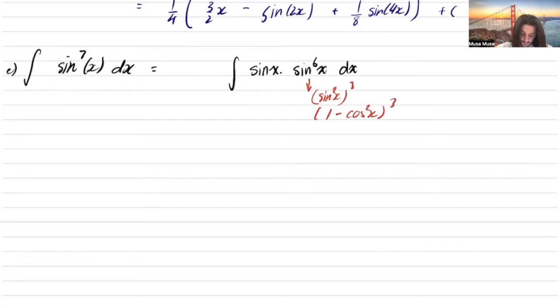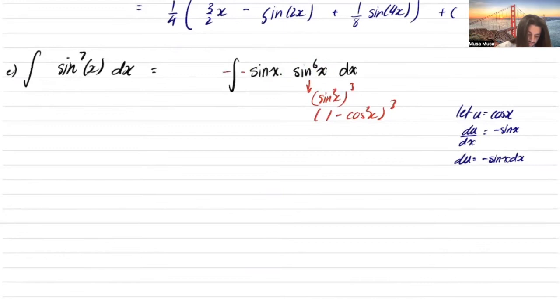And then all you got to do is let u equal cos x. So let u equal to the one that's got the higher power, because that would just be the derivative or part of the derivative. So letting u equal cosine x, we get du on dx equaling minus sine x, which means du equals minus sine x dx.